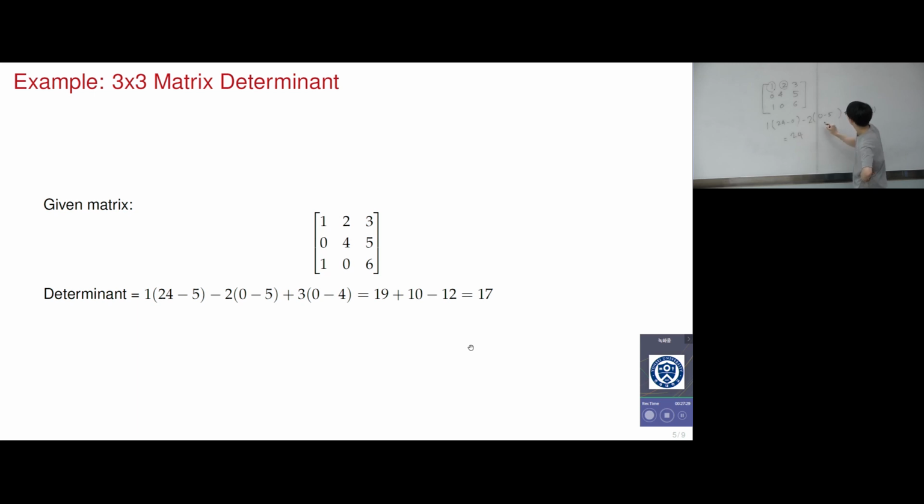So the answer is going to be 24, 10. Right? 24, 10, that's minus 12, so we're going to have to get 22, right?